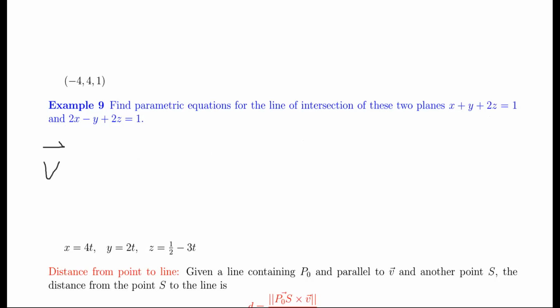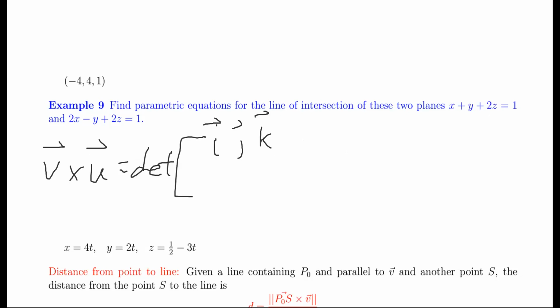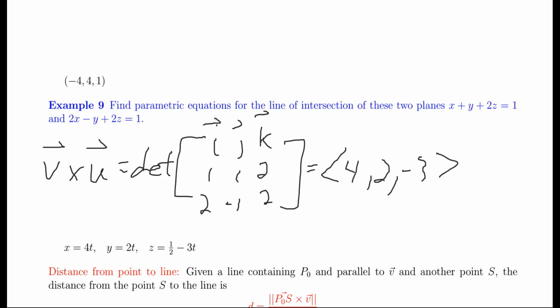So v cross u here is equal to the determinant of i, j, k, 1, 1, 2, 2, -1, 2. This is equal to, skipping a few steps here, the vector 4, 2, -3, and this is a vector in both planes.